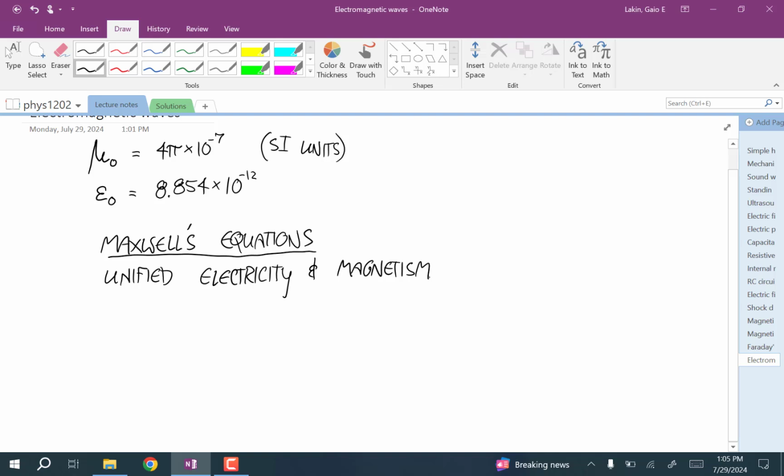And when he put these together, it suggested something that was a big surprise and is kind of an amazing fact. It wasn't proved by Maxwell's equations, but it certainly made this suggestion, and it ended up being proved later.